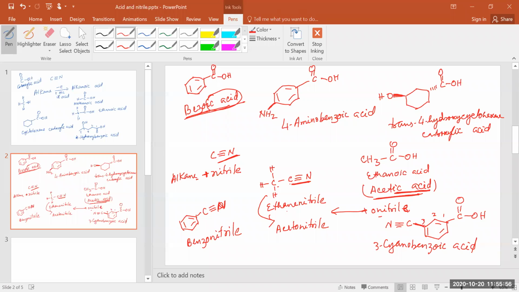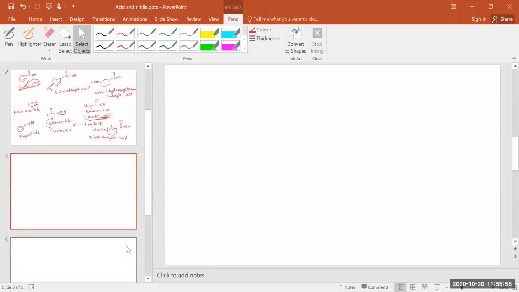I will give you one more example, the last one. Let's say here, if you have OH. Here you need to be careful. Remember this point. Generally, for numbering, we count all the carbons.